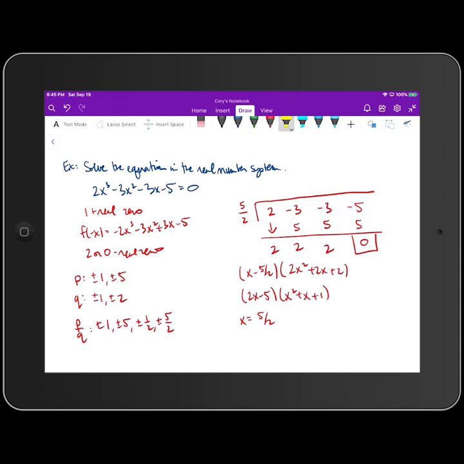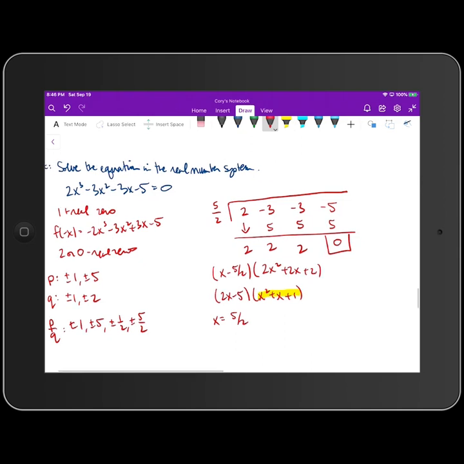Now, we want to check and see if this quadratic is going to have any zeros. So it's not factorable. So if it's not factorable, that means we either have to use completing the square or the quadratic formula. So I'm going to use the quadratic formula.